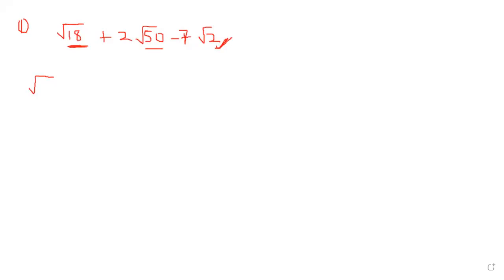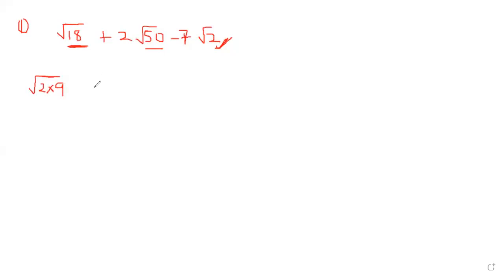So Isaac, 2 times what number will give me 18? Yes, that will be 9. So we have 2 times 9 will give me 18.